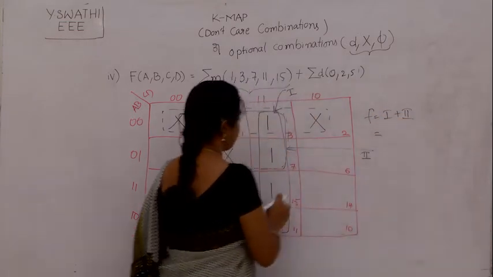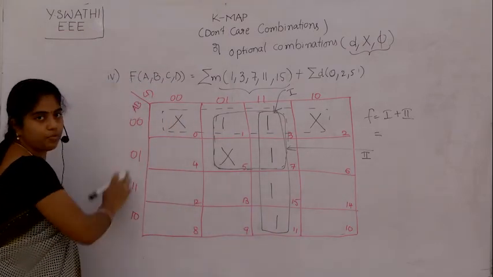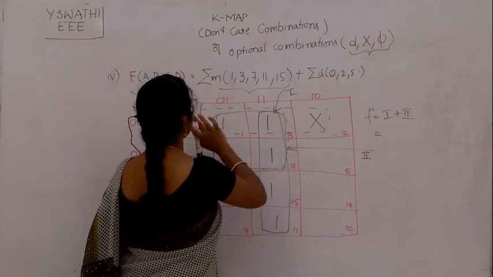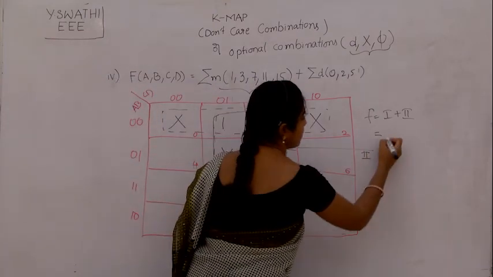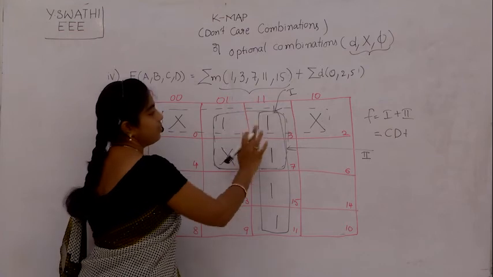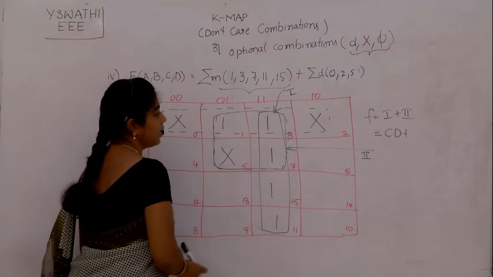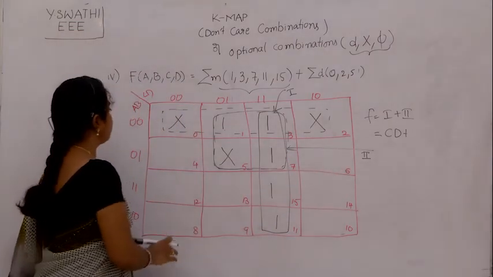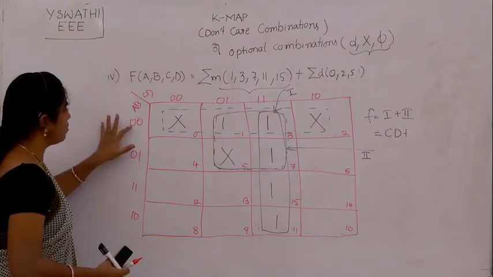In the first combination, AB is changed in every cell, so we should not consider the AB combination, and we should check the CD combination. It is constant throughout the 4 cells, that is C1 D1. That's why we are taking the uncomplemented forms of CD. Now going to the second prime implicant, the AB combination changes from 0 0 to 0 1.